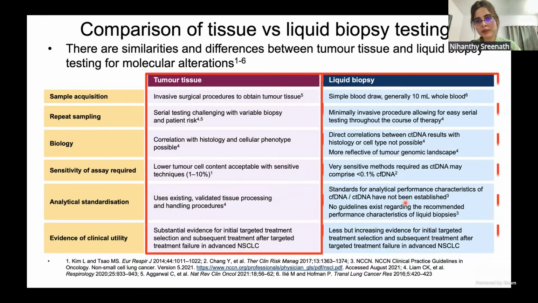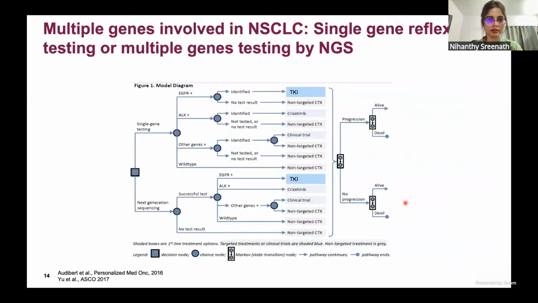If you look at liquid biopsy, it's a simple sample procedure of 10 ml. If there is good shedding of tumor DNA into the circulation, it has high sensitivity and high specificity, but it's not a gold standard. This has to be kept in mind. But in a patient with poor performance status where an invasive procedure can be avoided, it is still complementary and is taken into consideration.